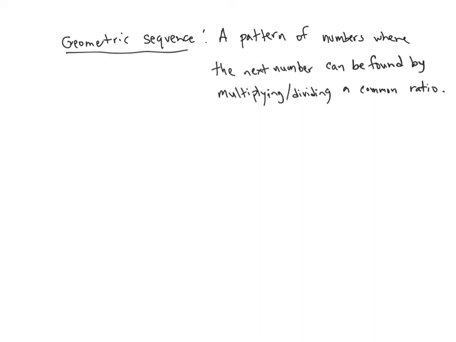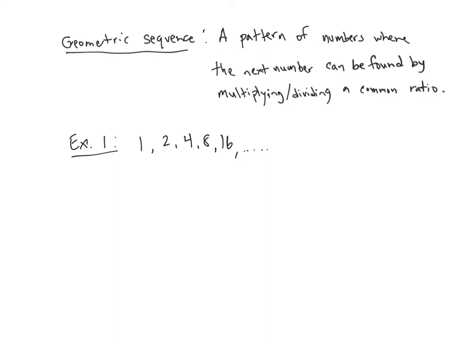All right, we're going to look at a couple examples of this one to get you ready. My first one is going to be the pattern 1, 2, 4, 8, 16, and so on. The reason I know this is a geometric sequence is because I can find the next number by multiplying by 2.